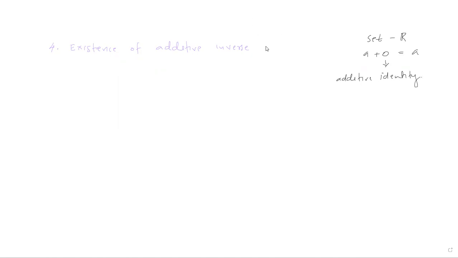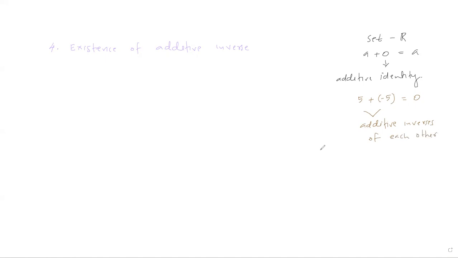And अब कोई भी नंबर के साथ उसका जो, जैसे 5 plus -5, you are getting the additive identity. Then these two numbers, they are known as additive inverses of each other.